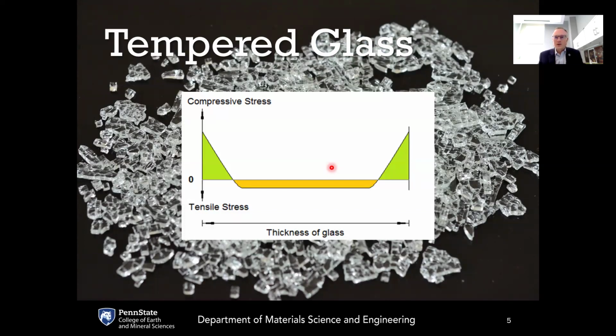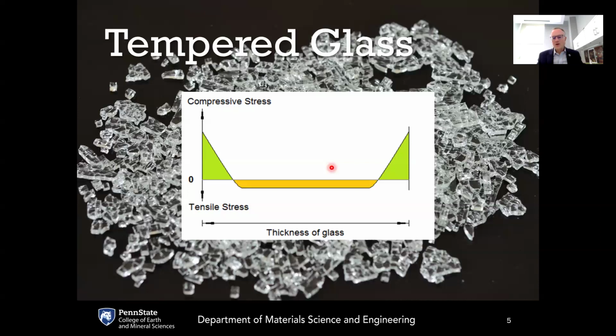There is thermally tempered glass, which is made by rapidly quenching a glass from its liquid state into the glassy state. When that occurs, the outer surfaces of the glass undergo the glass transition and become more solid-like at an earlier time compared to the interior of the glass, which is still at a higher temperature.